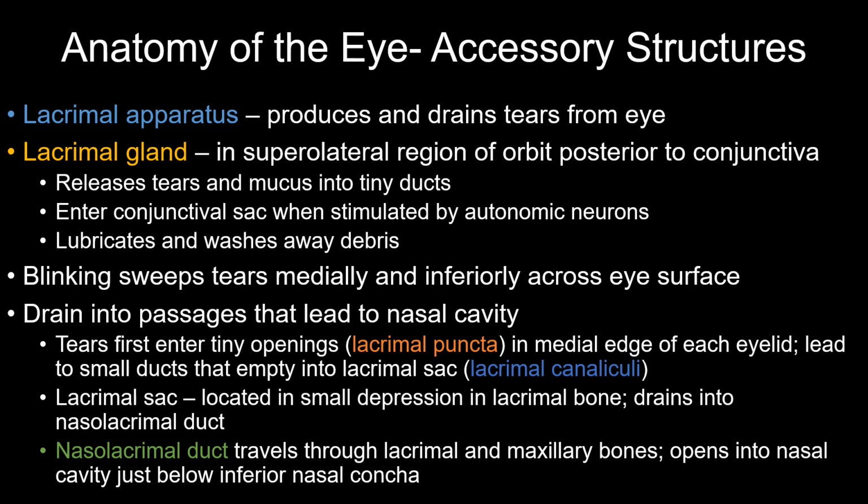Pathogens can easily travel from your nose to your eye, resulting in conjunctivitis or a painful infection of the nasolacrimal duct. It also explains why some people, when they're drinking water or they get water in their nose, may eject liquid from their eyes. They're not actually doing it from their eyes. They're doing it through this lacrimal system.